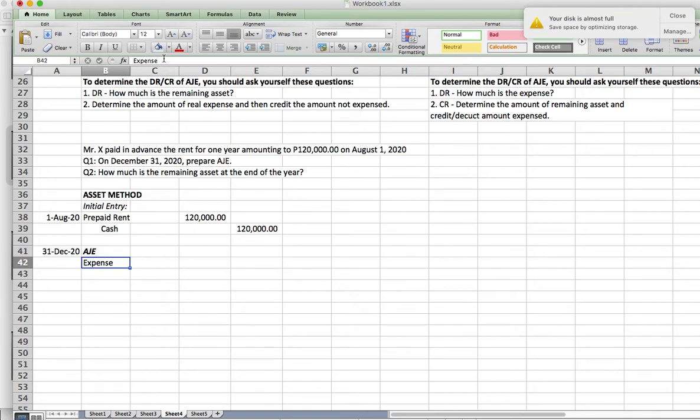We will recognize the expense from the prepayment. Kasi hindi lahat ng ito ay asset. Kung dumaan na ang panahon, nagamit mo na yung asset na yan. Nagamit mo na yung pinambayad mo dyan. Kung nagamit mo na ang pinambayad mo dyan, anong tawag mo doon? That is an expense. That is why we have to debit an expense. And what is our credit? The credit is prepaid rent or the asset.